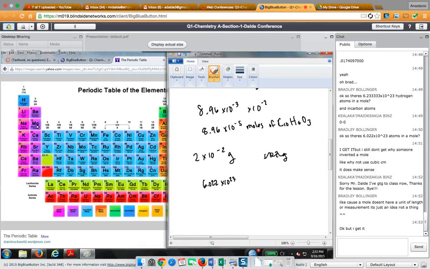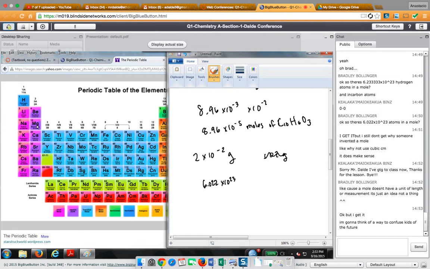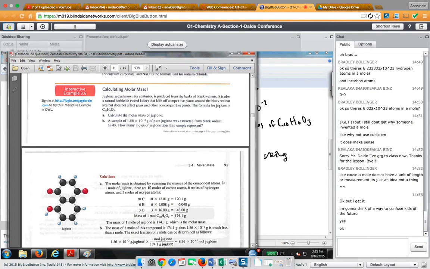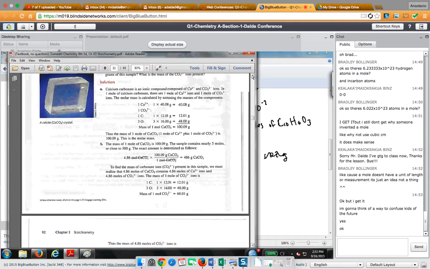Apparently Avogadro, or somebody, came up with 6.022 times 10 to the 23rd power as the number of atoms they're dealing with. I don't know how they came up with that. I probably should know, but I don't. I'm sure there's a whole biography on it.